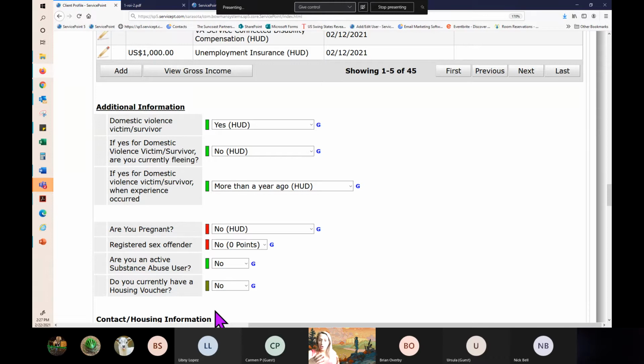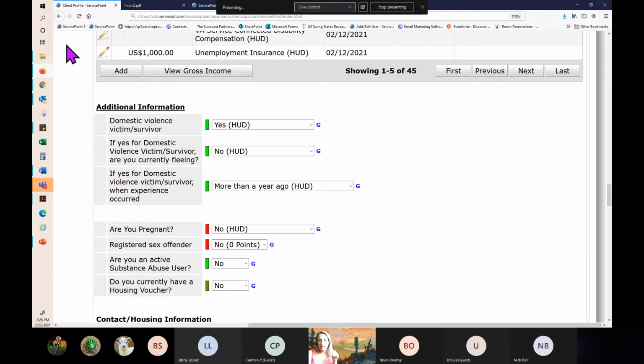I'll hop back on my soapbox a bit for our domestic violence victim and survivor questions. Two years ago, 2019, we put in an application to receive domestic violence bonus funding for clients that are fleeing domestic violence or are survivors of domestic violence. The only place in our CSIS system for us to be able to report on those clients that are fleeing or are survivors is this data.